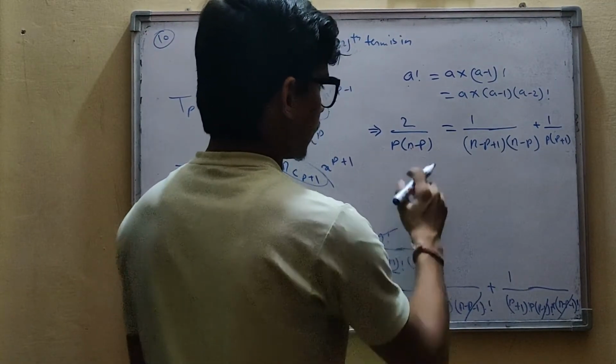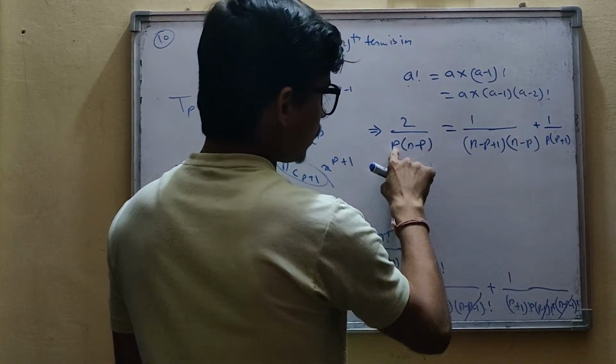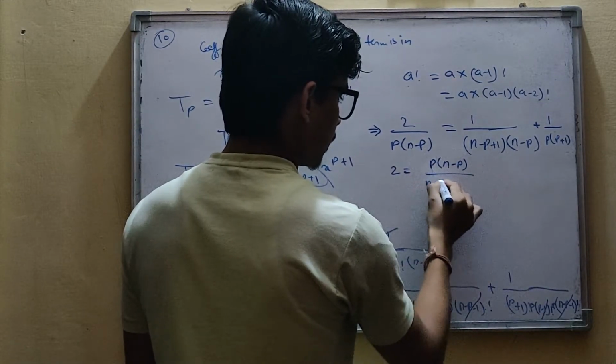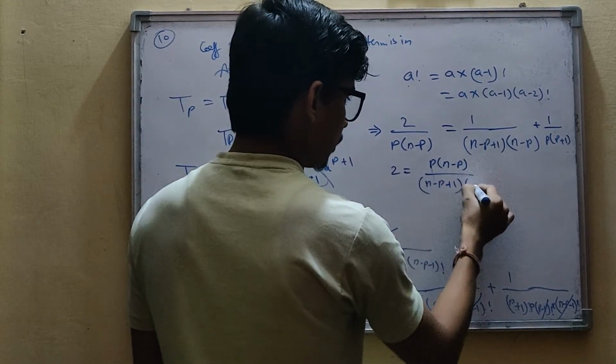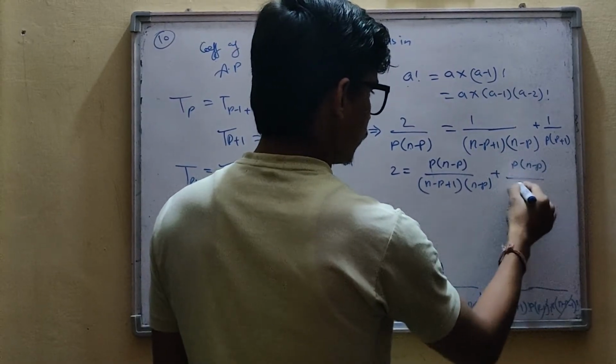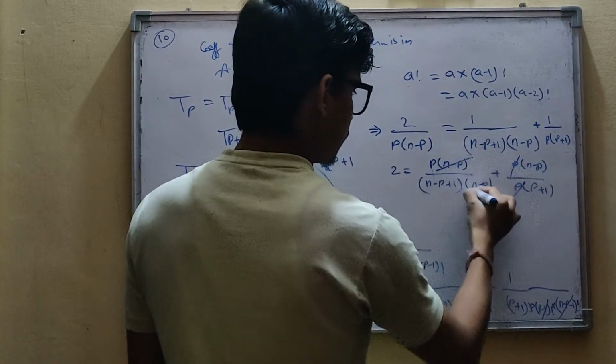So you can write like this. You take cross multiplication and take it from that side. Now it will become like this: p into n minus p upon n minus p plus 1 into n minus p, and here it will be p into n minus p upon p into p plus 1, right? p, and n minus p is n minus p.